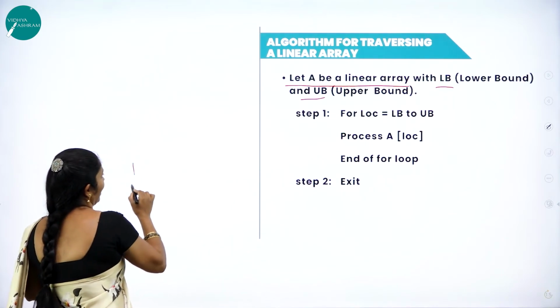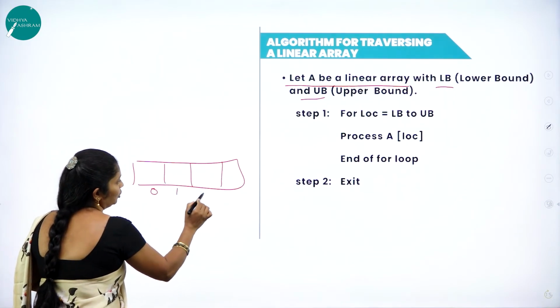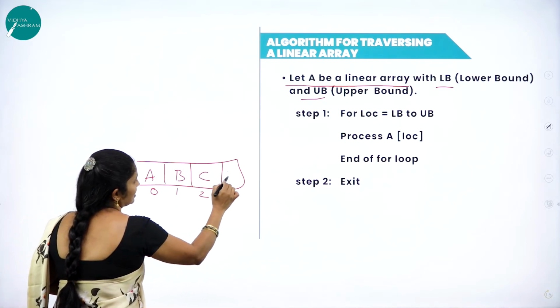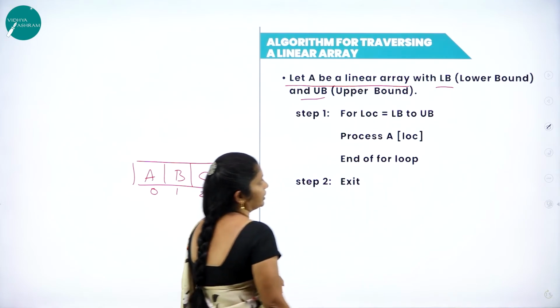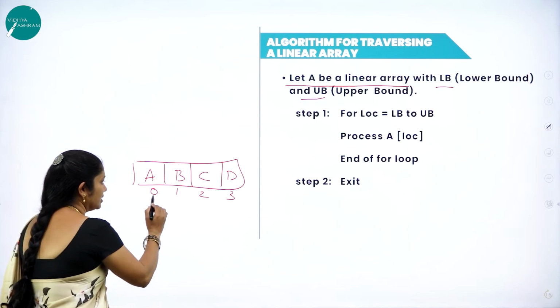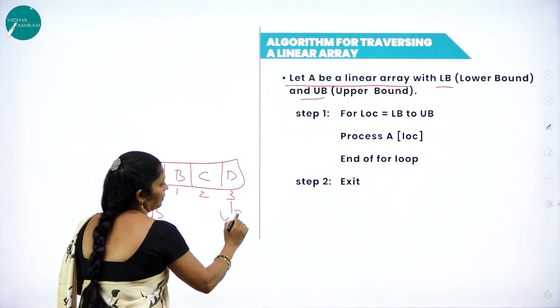If this is the array, consider the elements 0, 1, 2, 3. These are the positions, and the elements are, for example, A, B, C, D. In the first step, process location equals lower bound to upper bound. Here this 0 represents the lower bound and the last one represents the upper bound.